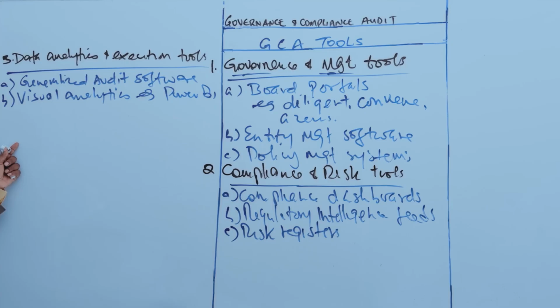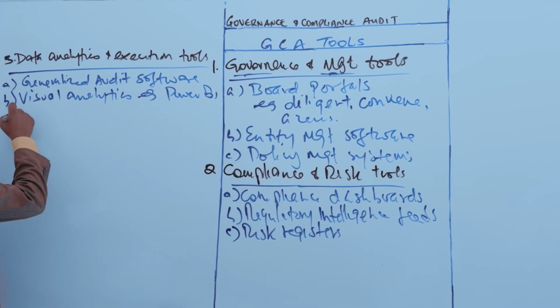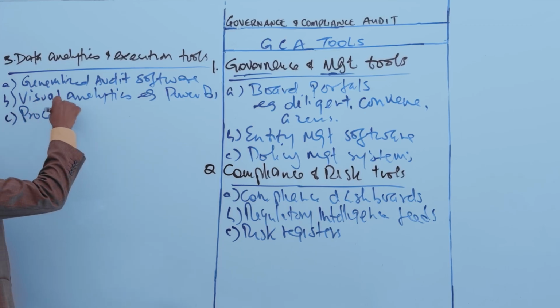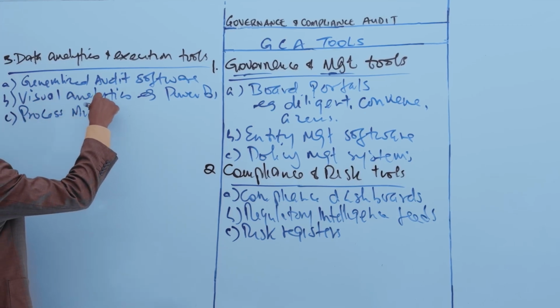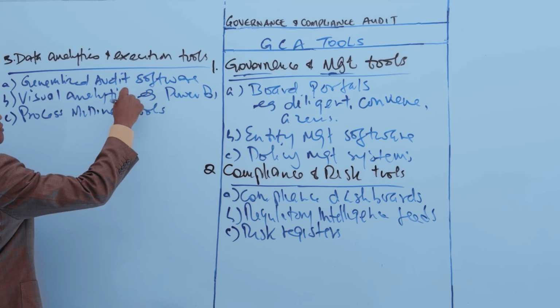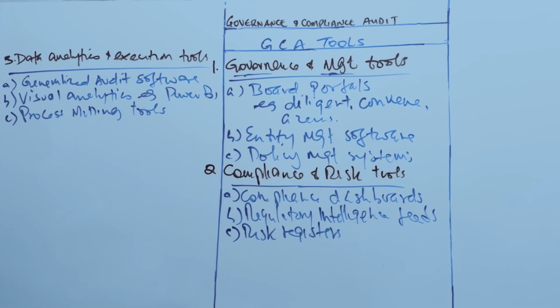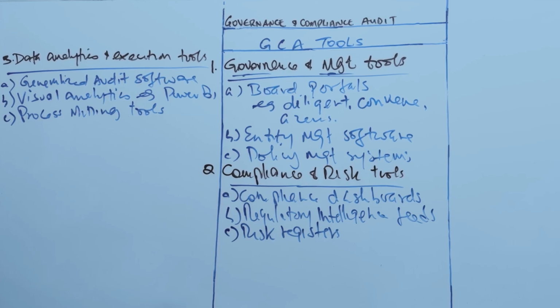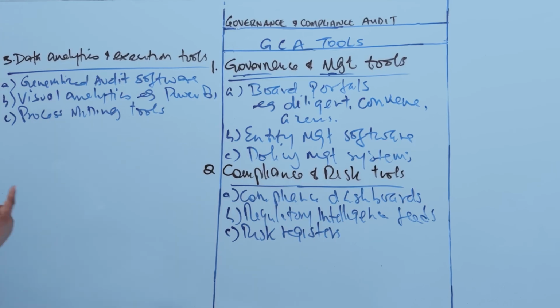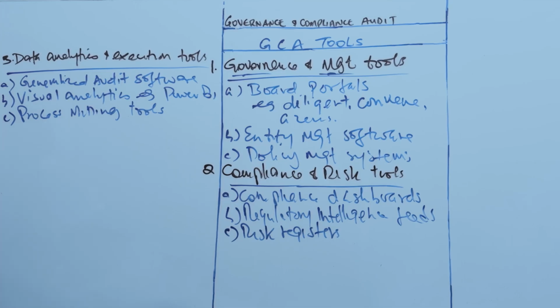Another tool is process mining tools. These tools reconstruct how a process like procurement actually happened by looking at the digital footprints in the system, revealing where people are bypassing controls.